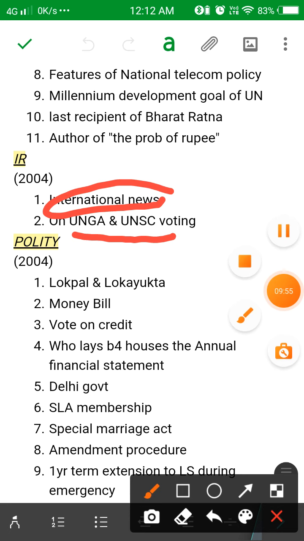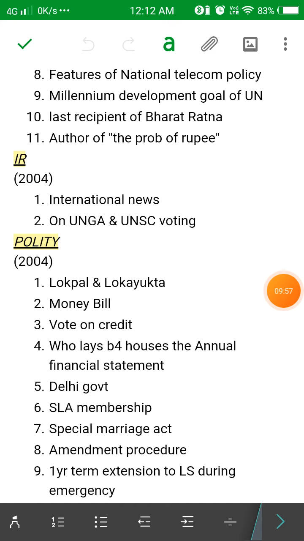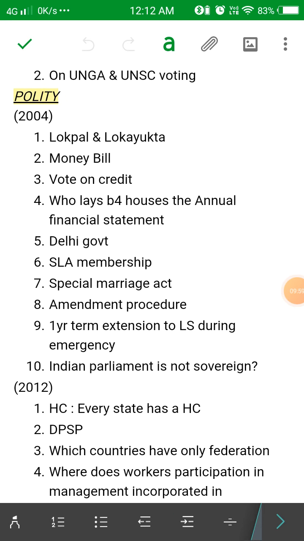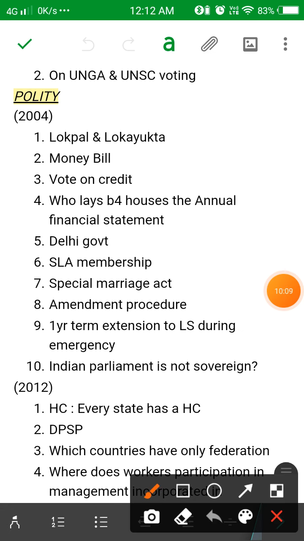Okay, next, moving on to polity. Polity is more or less easy when we compare it with the CSE prelims. So something which is very basic, which we could answer easily, but however I found it a little more difficult in 2015.